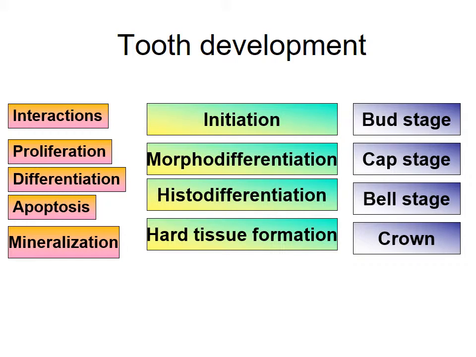And all of the above processes take place due to cellular interaction, cellular proliferation, cellular differentiation, apoptosis and mineralization. So, what we need to know about all these stages, processes and activities is when, where and how these take place.